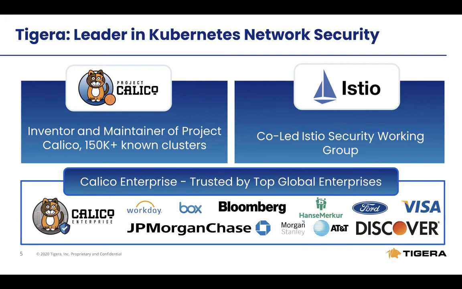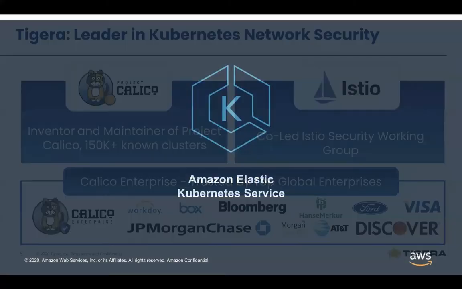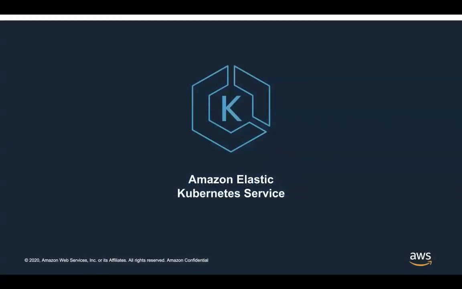You can see some of them here who have been using Calico Enterprise to secure their workloads today. So that's a quick view of what Tigera does. And I'll switch it over to Mikhail, who will be walking you through AWS's EKS. Feel free to go ahead, Mikhail.